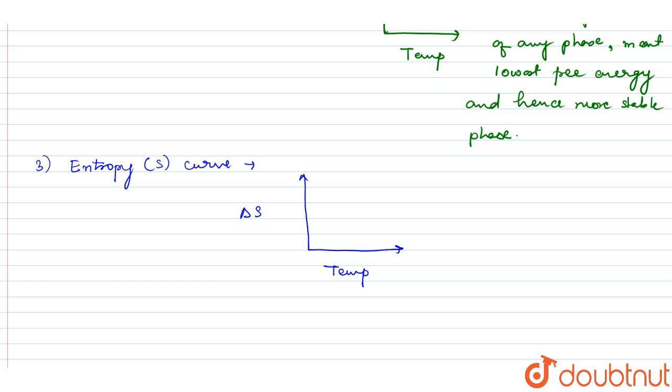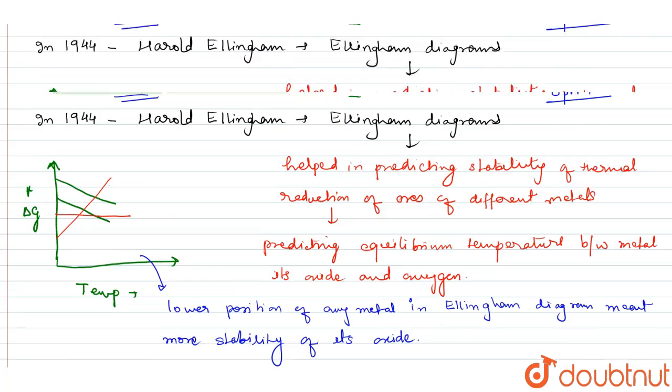This curve tells us about the energy absorbed as heat during isothermal process. So this is the use of entropy curve.